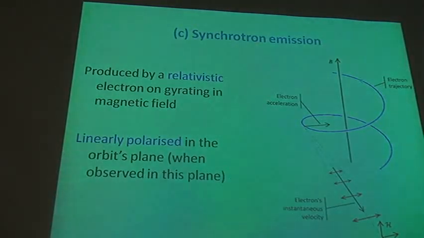Now, where does this polarized emission come from? The main mechanism is synchrotron emission. All spiral galaxies, all active galaxies, are filled with cosmic rays, relativistic particles, whose origin, as the origin of anything else in the universe, isn't quite clear. How exactly they are accelerated.